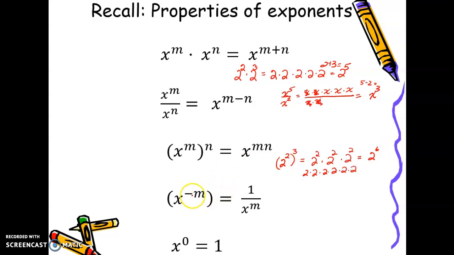Okay? Anytime you have a negative, it means it switches sides. Now, if you had x to the negative m on top and y to the negative n, they would switch positions if you needed to make positive exponents. And you always do. You don't want to leave negative exponents in your problems. Anything to the 0 is 1.